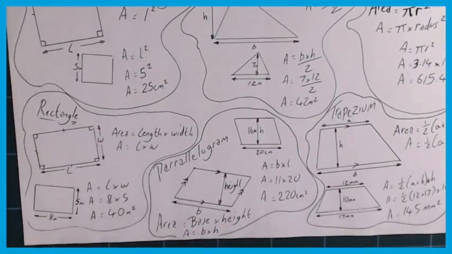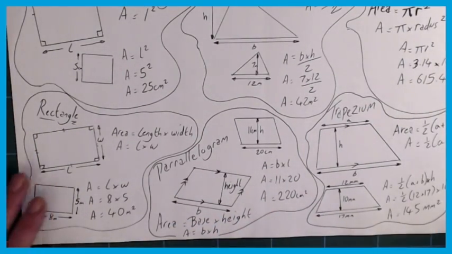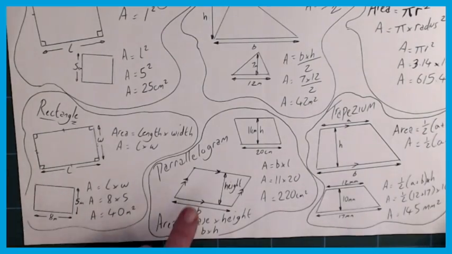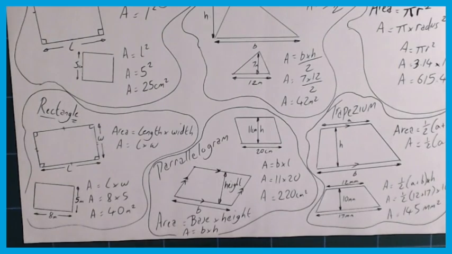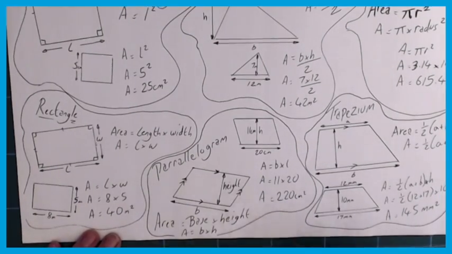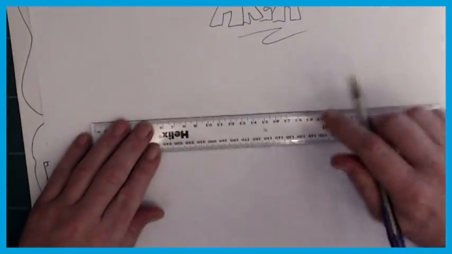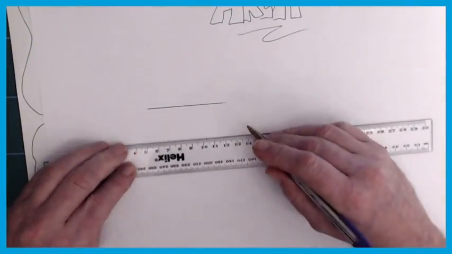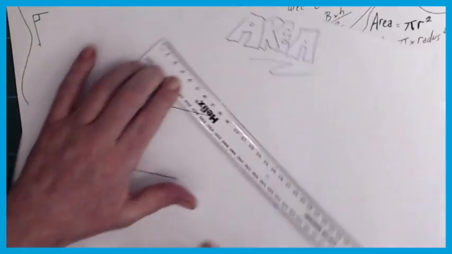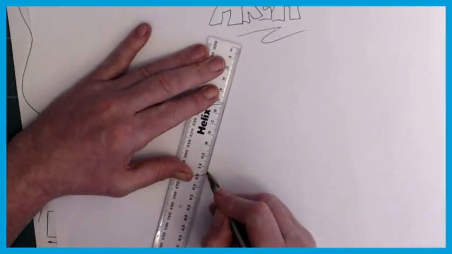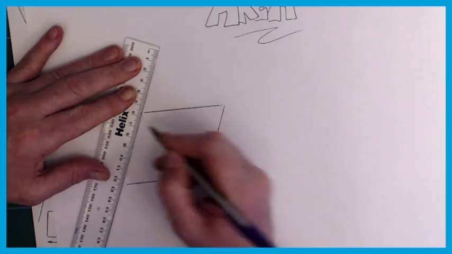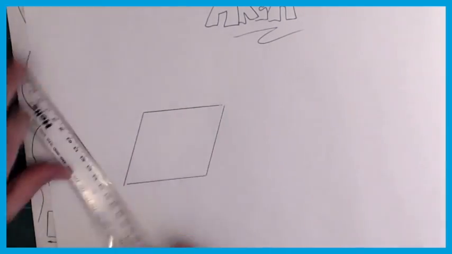Okay, today we're going to look at the area of another shape, which is the parallelogram. Another formula to remember is that the area of a parallelogram is the base times the height, not the length. So if I draw this out, the parallelogram, that's very much like a rhombus at the moment, but I'll try and make it not so.